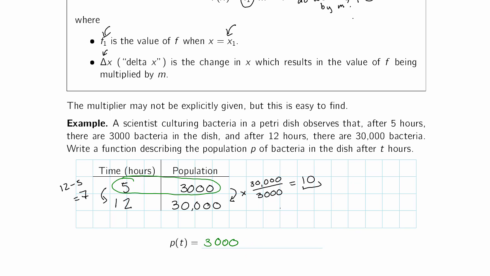Our multiplier is 10, and then our exponent is going to be the time minus our starting time, 5, divided by the time it took us to multiply by 10, which is 7. So time minus starting time divided by the time it took to get our multiplier. And there we go. The only thing different about this one was we had to do a little bit of division to find the multiplier.